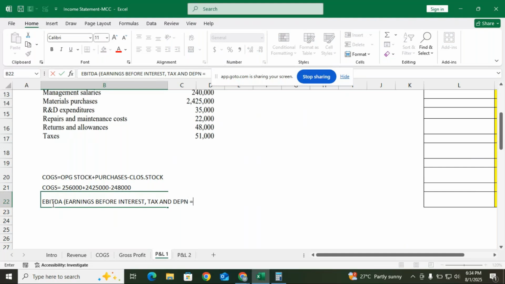And how do we arrive at this? It is your gross profit minus operating expenses.